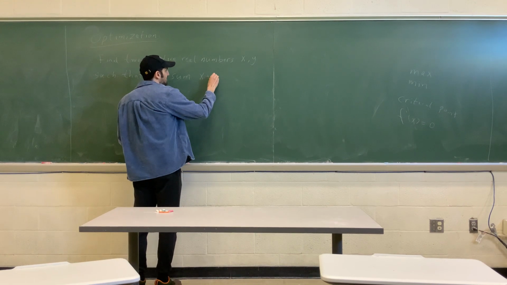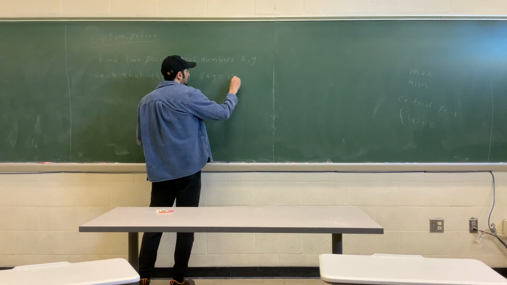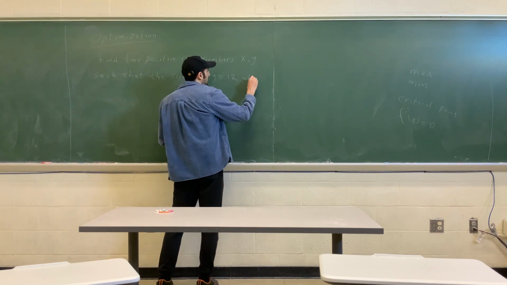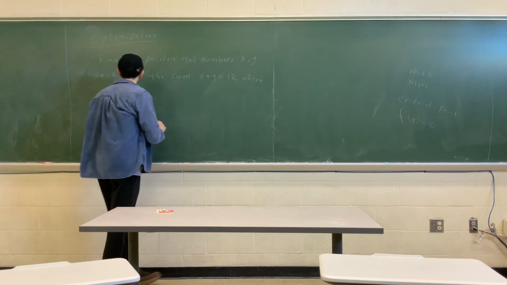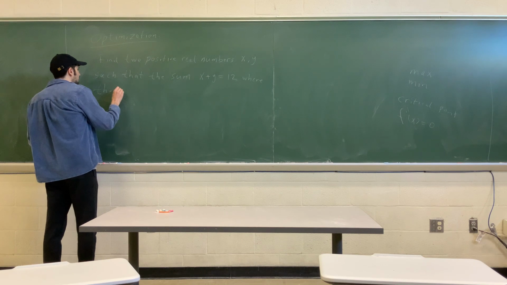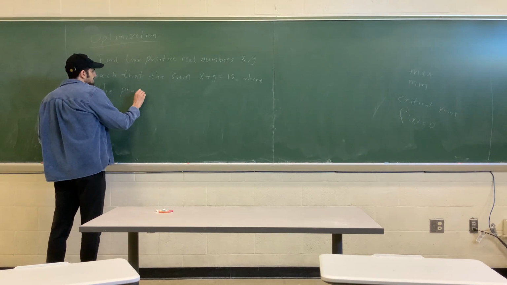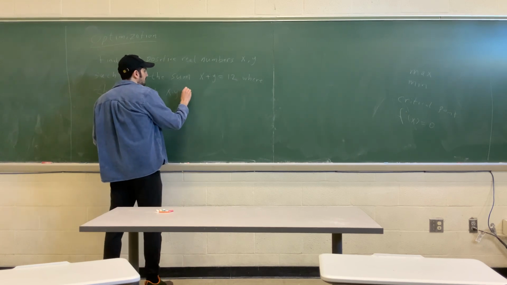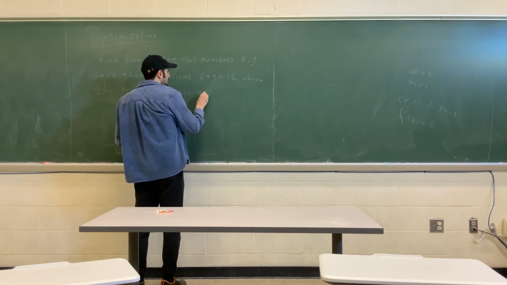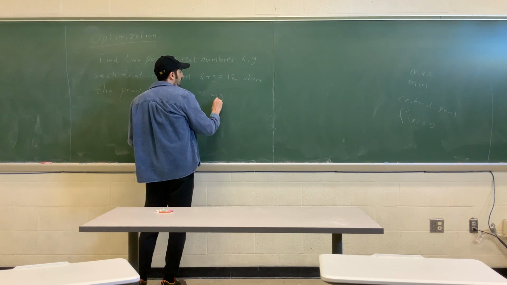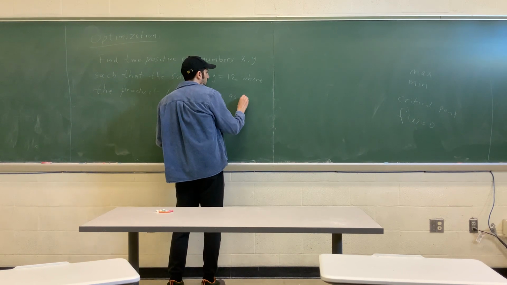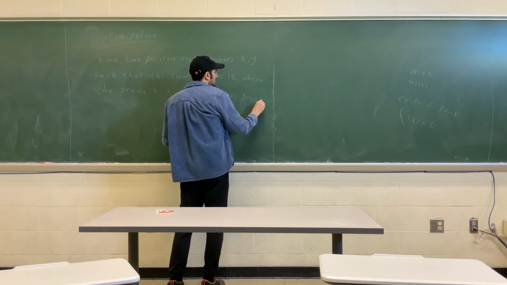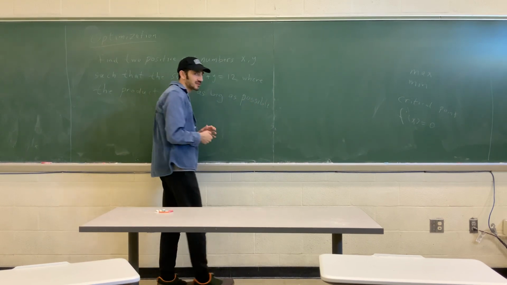It means that x plus y equals 12, where the product x times y is as big as possible. So here is our first problem, and let's think about it.